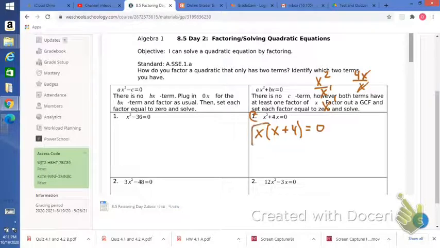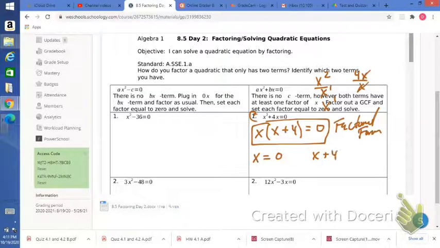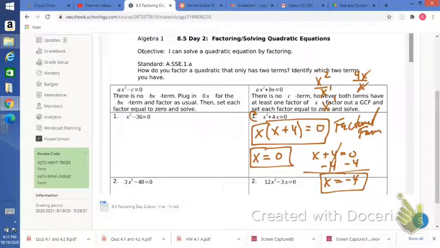Alright, so this would be factored form. And then to solve for the solutions, set each factor equal to 0 and solve. So we have x equals 0 as a solution. And we have x equaling negative 4 as a solution.